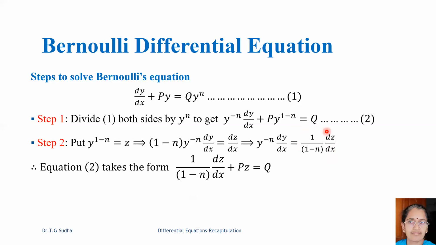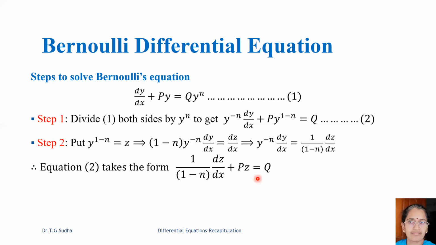So this expression 2 now takes the form 1 over 1 minus n into dz by dx plus p into z equal to q on substituting for y to the power of 1 minus n as well as y to the power of minus n into dy by dx in terms of z.